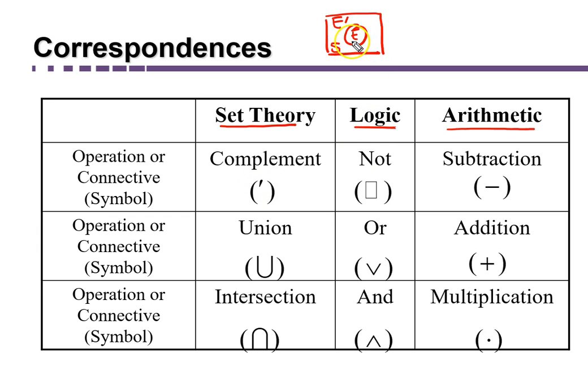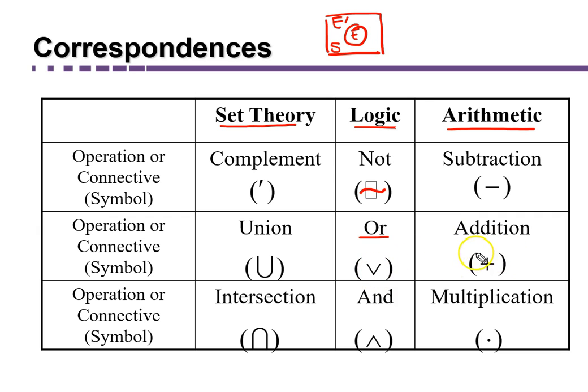Now in logic, what is not E is the complement. So again, not that rectangle or square, it would be that wavy line. That's the symbol in logic. And then here, to get to what it would be, we would have to subtract the value of E from the sample space to get to the complement. Now, in set theory, we spoke of the union symbol. The key word was OR, and it was the V, or the inverted caret.